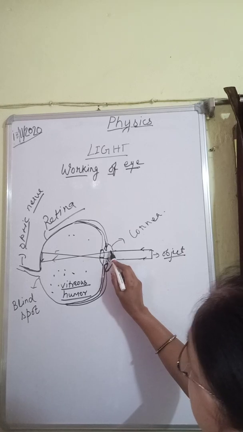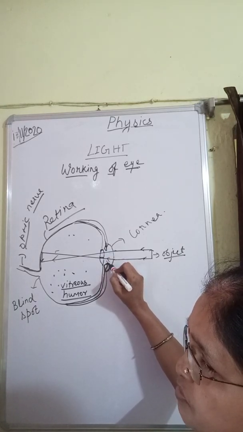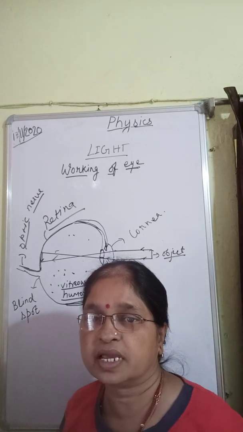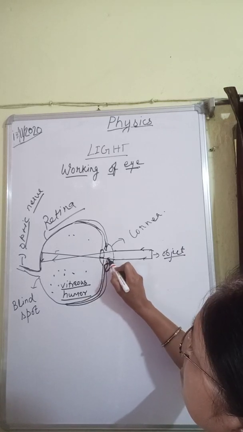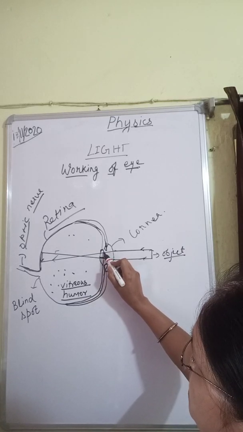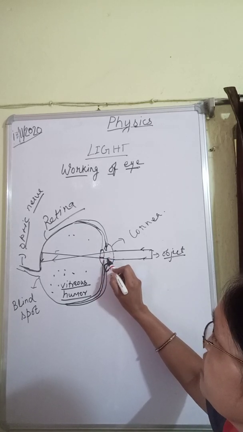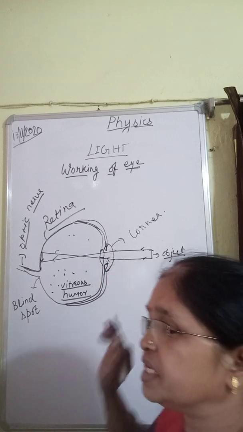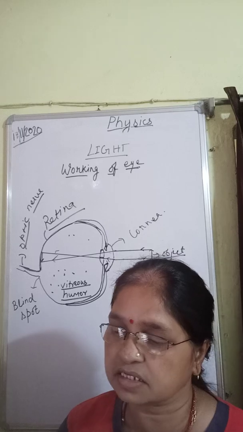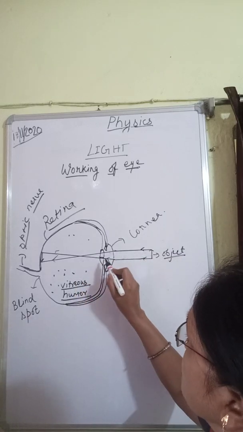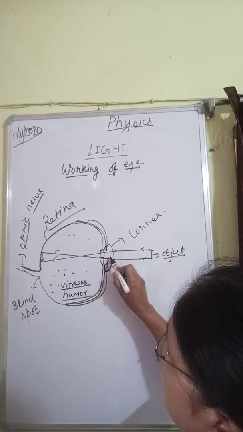After the aqueous humor, it enters through the pupil, and the pupil allows the light to enter inside the eye. Then it passes through the lens. When it passes through the lens, the medium changes again, refraction occurs, and the light changes its path again.